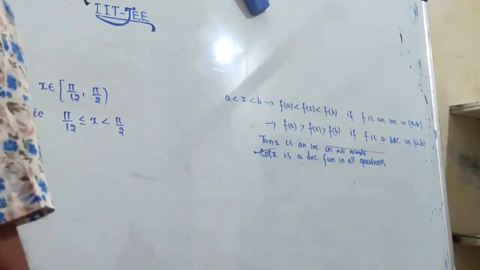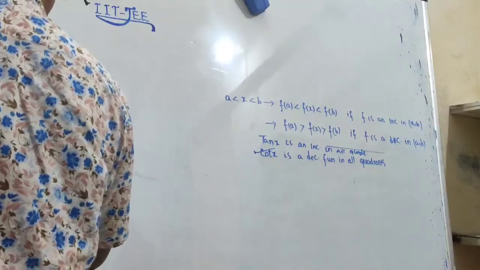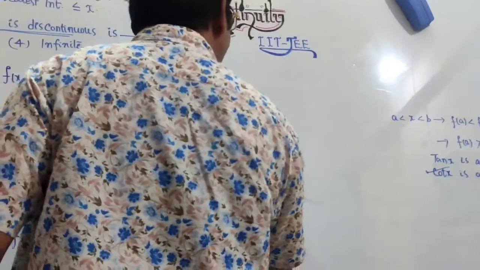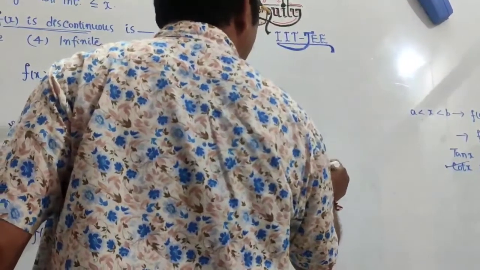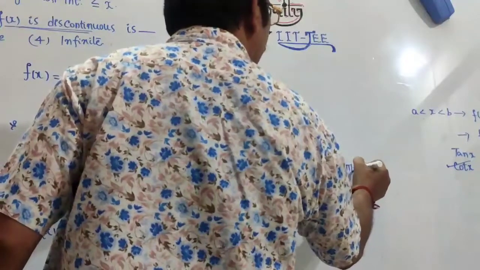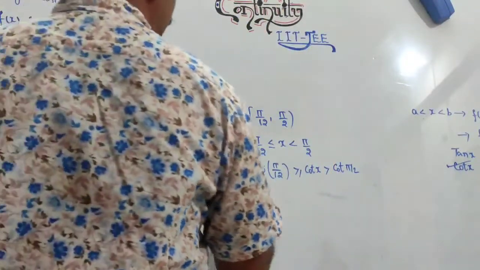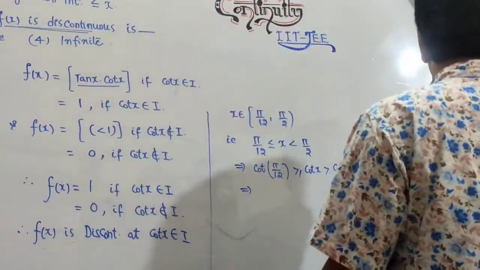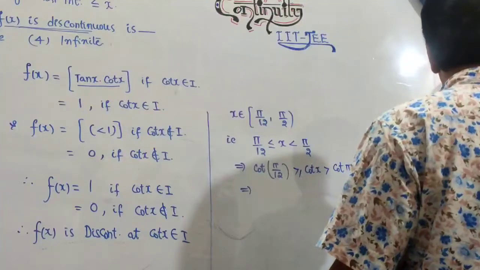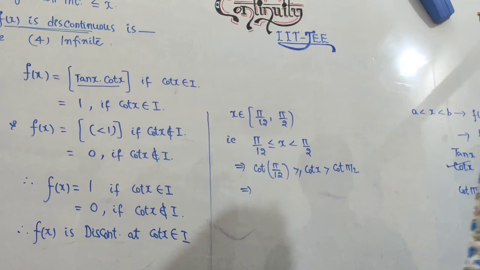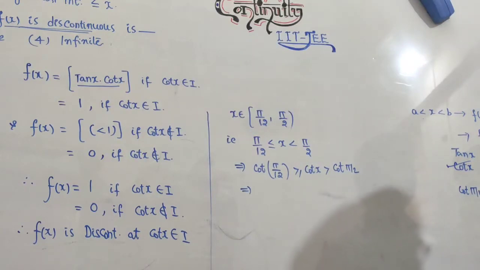Cot x is a decreasing function, so that implies cot of pi by 12, with the opposite sign, is greater than or equal to cot x is greater than cot pi by 2. Cot pi by 12 is cot 15 degrees, which is 2 plus root 3.